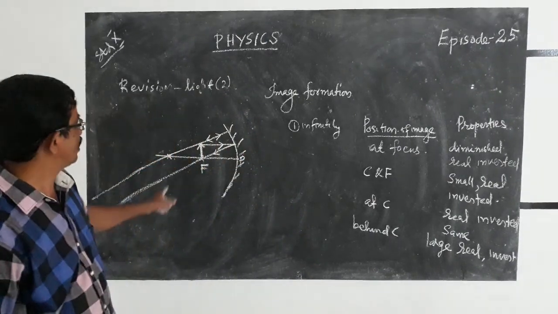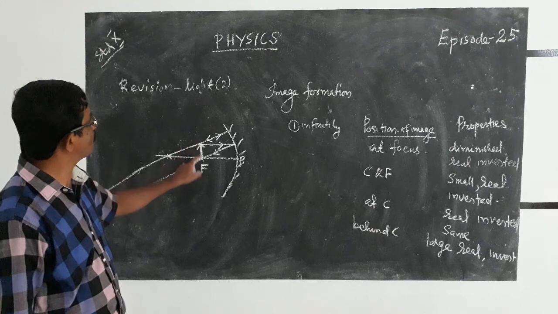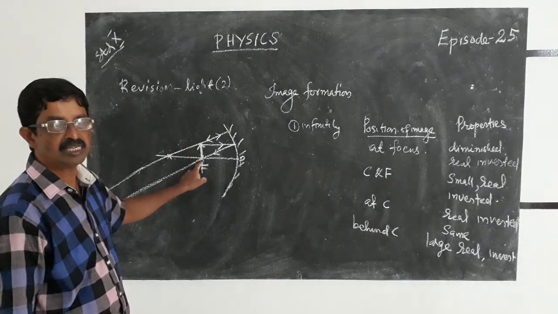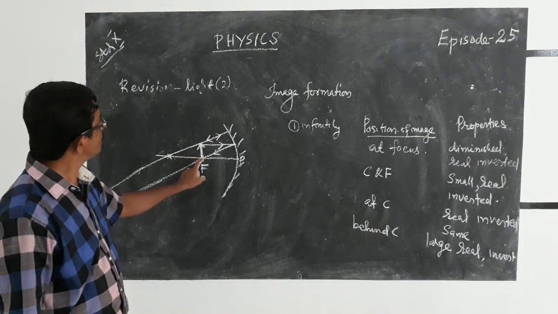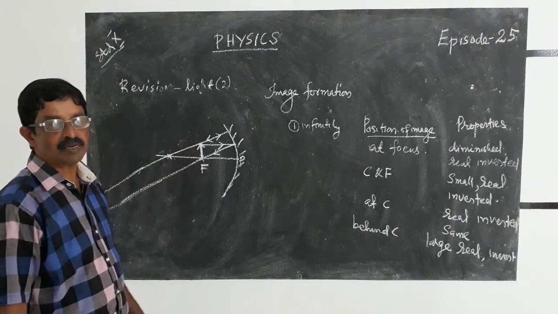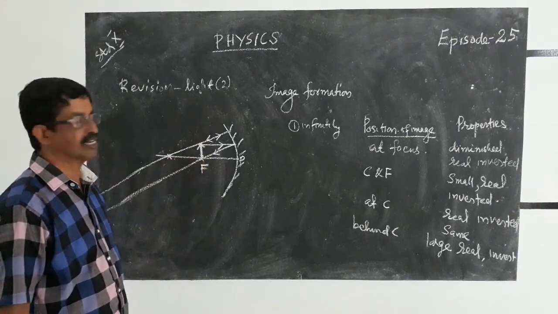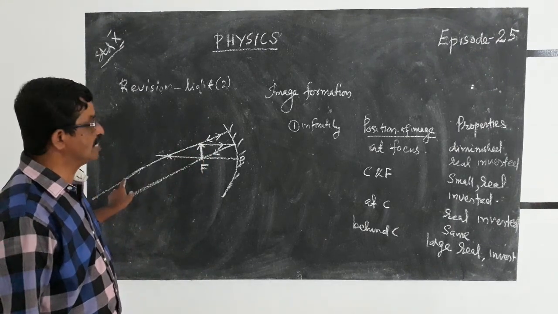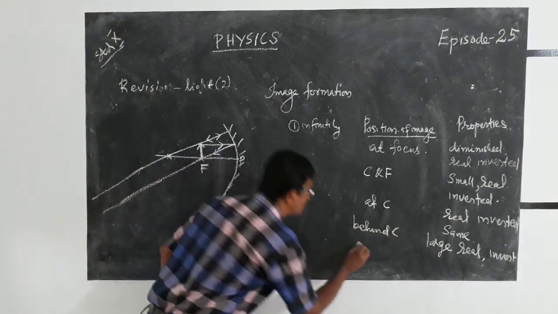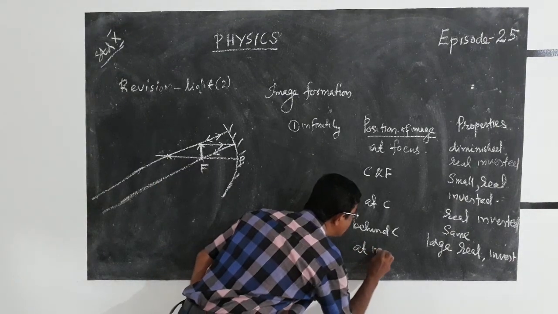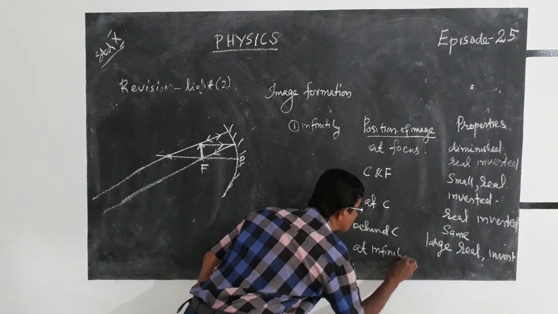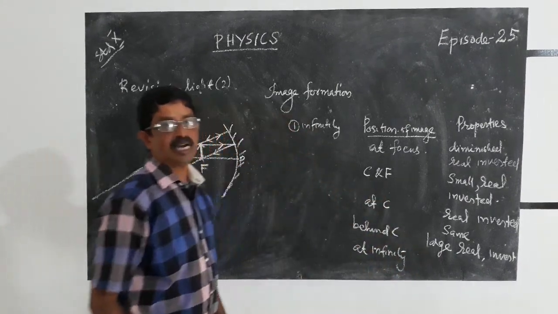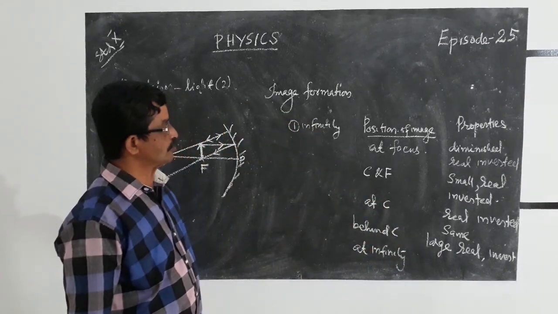So where do we get the image when the object is at F? When the object is at the principal focus of the concave mirror, we get the image at infinity. And what are the other properties?